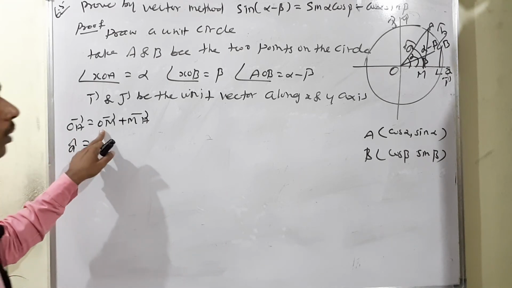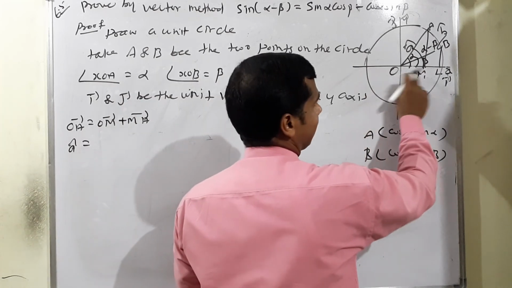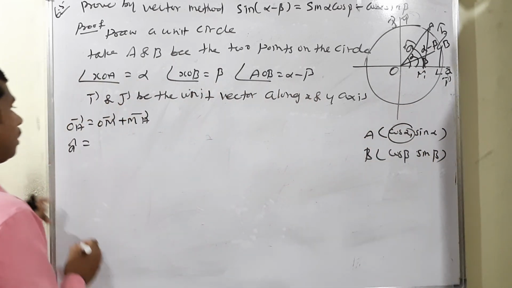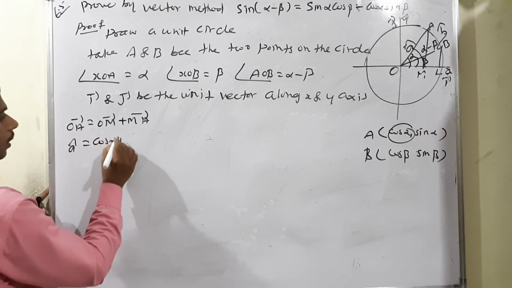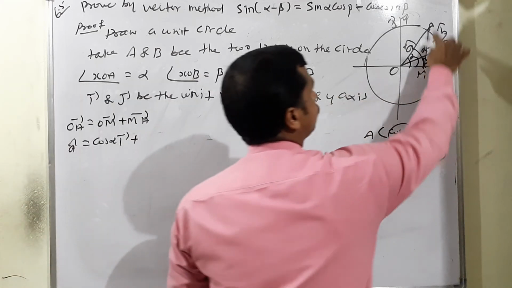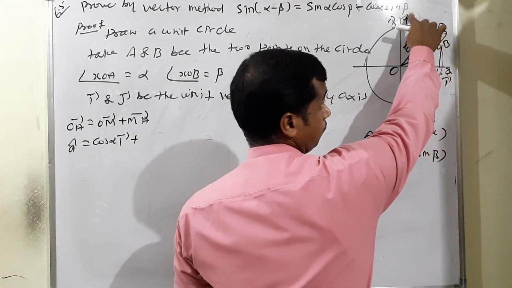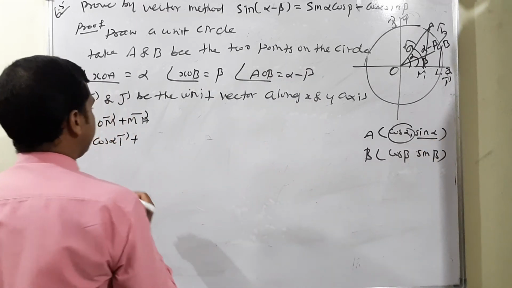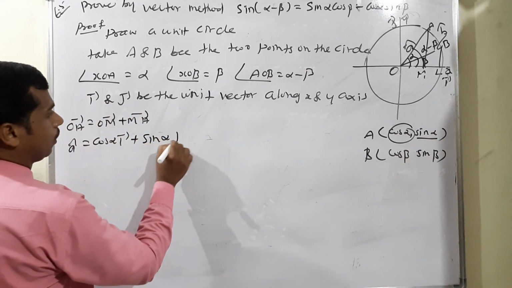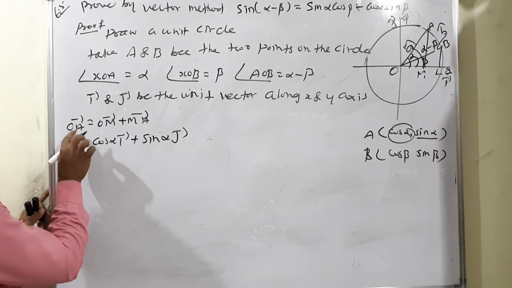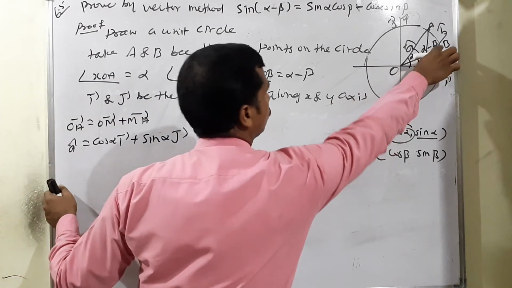So A cap is equal to OM, the x-axis, cos alpha i vector, plus again M to A. M to A is parallel to the y-axis, so sin alpha j vector. Then next condition, O to B.